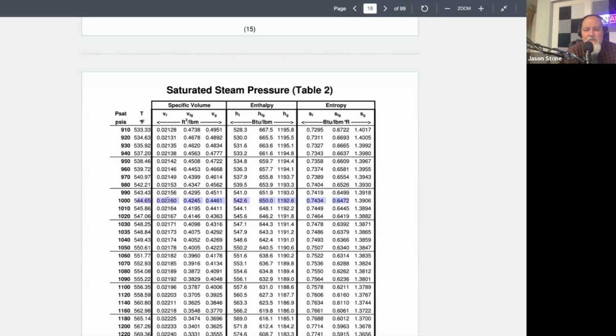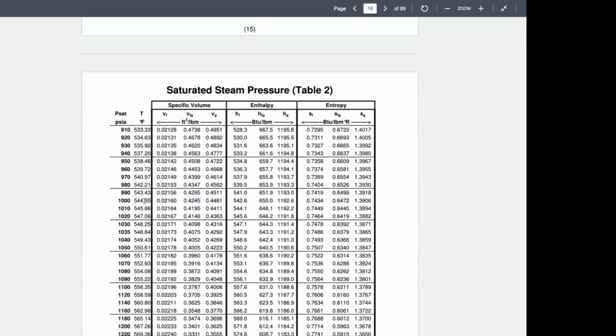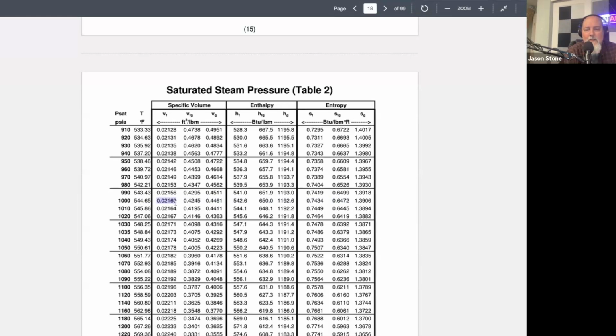So if it was 100% liquid, which means the temperature's below 544 degrees Fahrenheit at 1,000 psia, then the specific volume would be 0.02160. The specific enthalpy would be 542.6, et cetera.